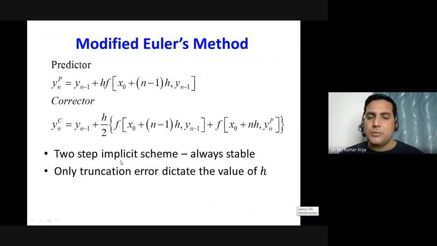So this is a two-step explicit method, a stable one, and only the truncation error, as we talked about for the previous one, applies. Your h will fix the value of it. The h is the step size, which fixes the termination point. Since we don't know this, people keep decreasing h and check at what value the answer stops changing.